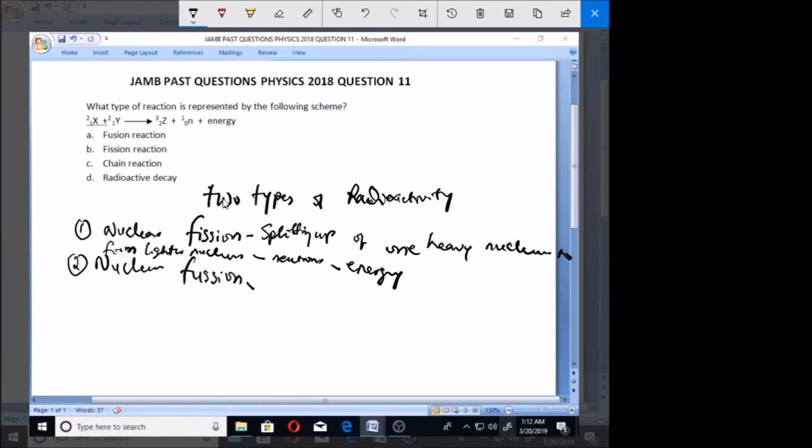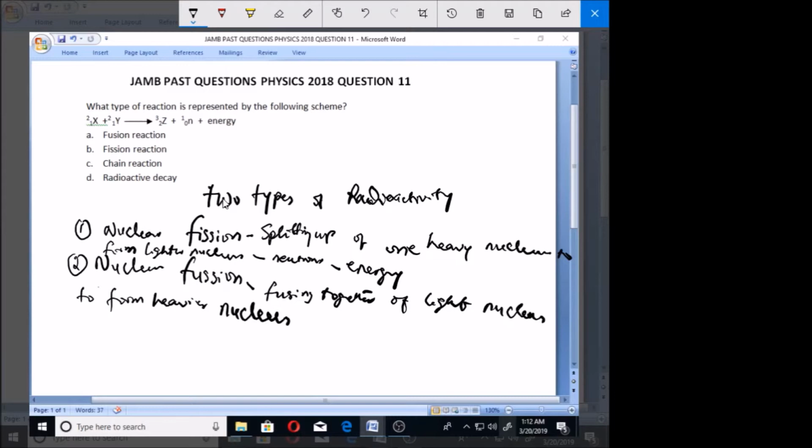But when you talk about nuclear fusion, we are talking about the fusing together, the coming together, of light nuclei to form a heavier nucleus. You can see the difference between the two.